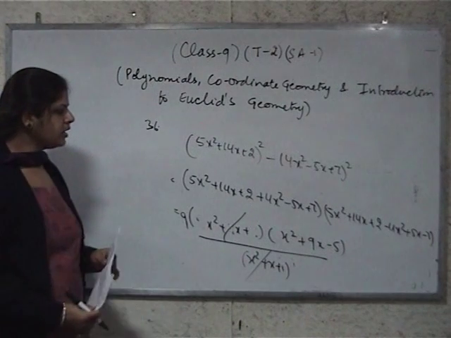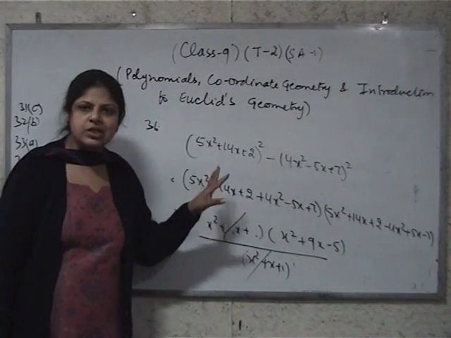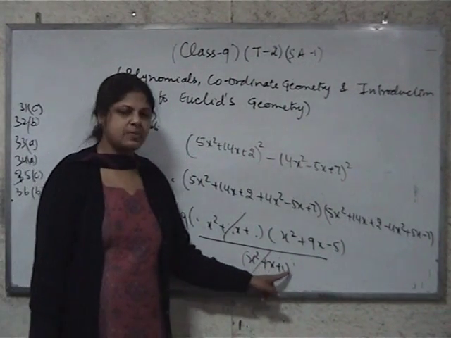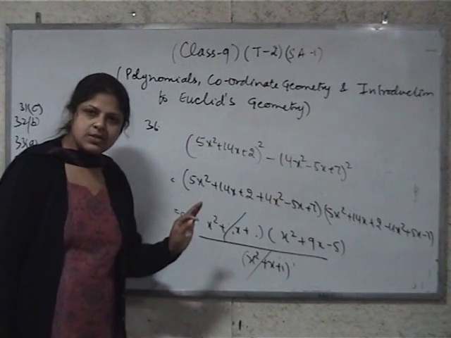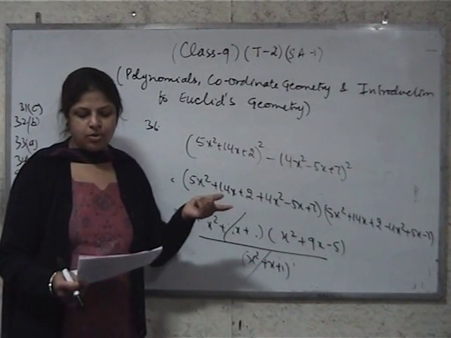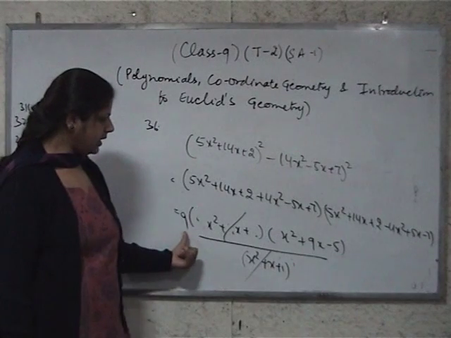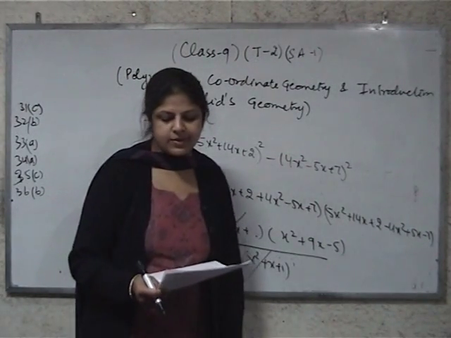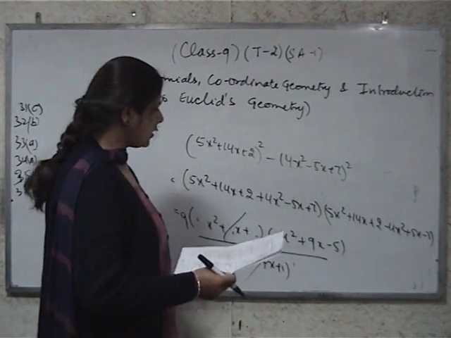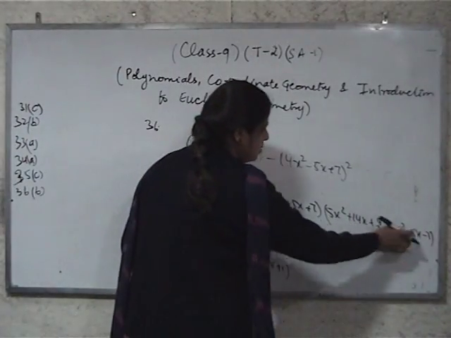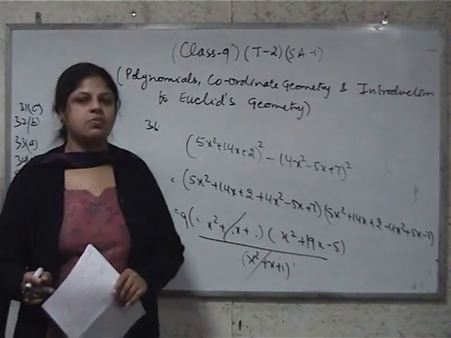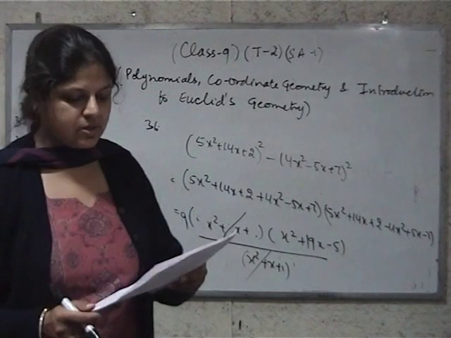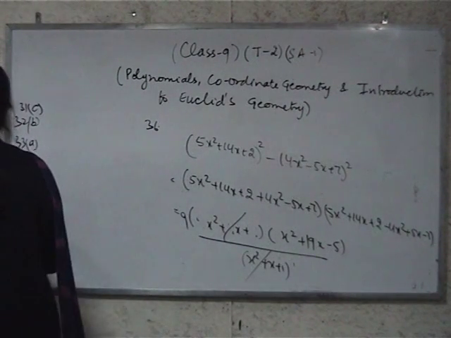It means this expression is fully divisible by x square plus x plus 1. So remainder in this case is going to be 0, and the quotient I get as 9 into x square plus 14 plus 5, 19x minus 5. Next is question number 37, and the answer for this is beta.